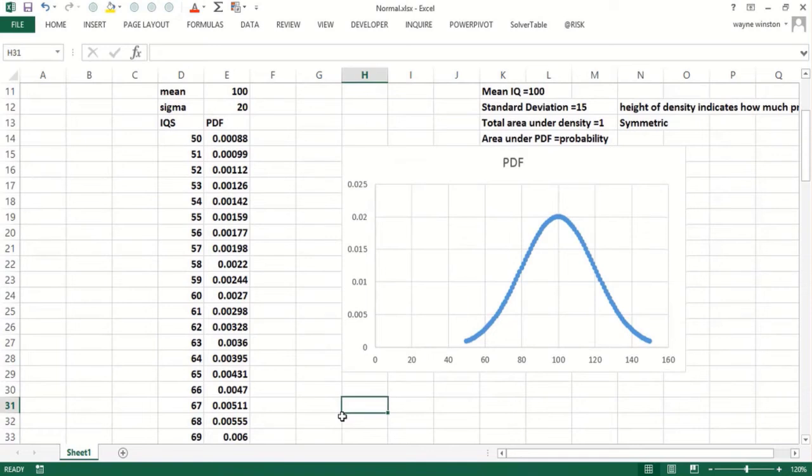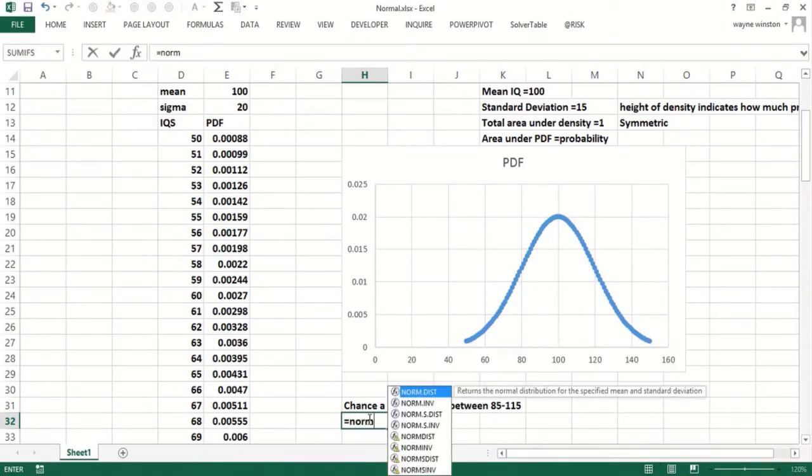So let's answer some questions about IQs. In other words, the chance a person's IQ is within one standard deviation of the mean. That's 85 to 115. Well, basically you take the area to the left of 115 minus the area to the left of 85. So you can do a NORM.DIST.